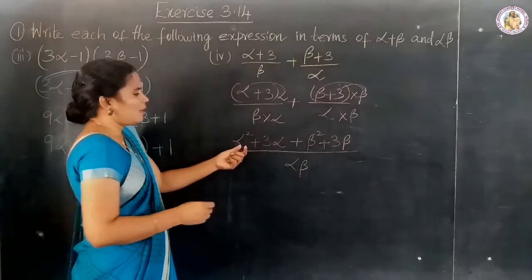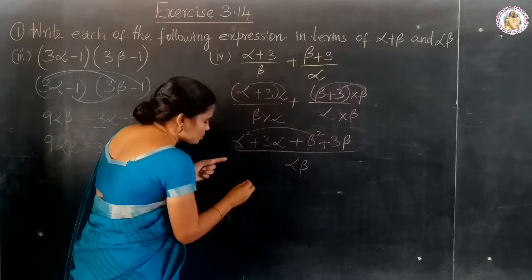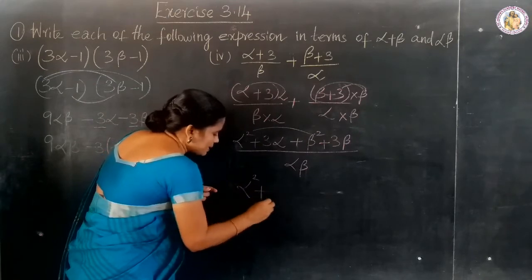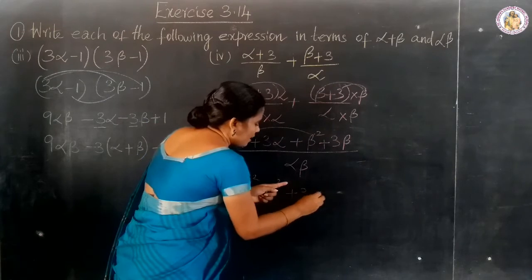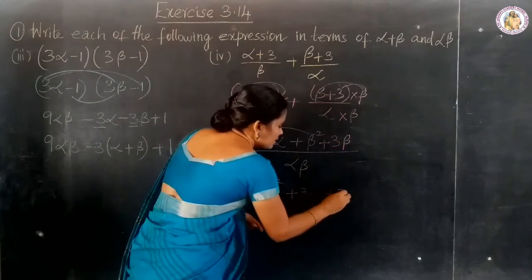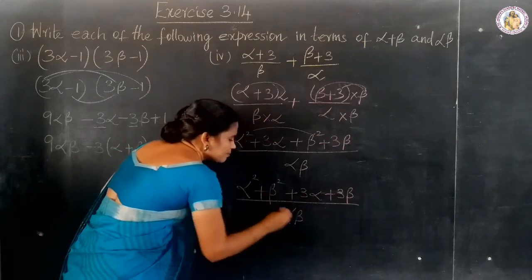Now you can see alpha square and beta square. Write in standard form, so alpha square plus beta square, then 3 alpha plus 3 beta, divided by alpha beta.